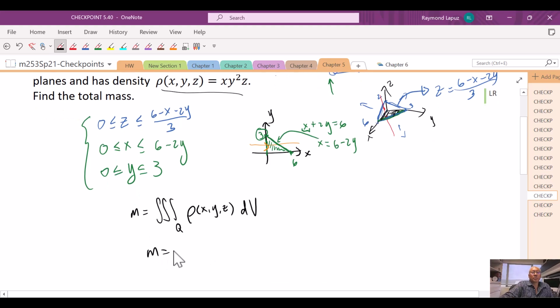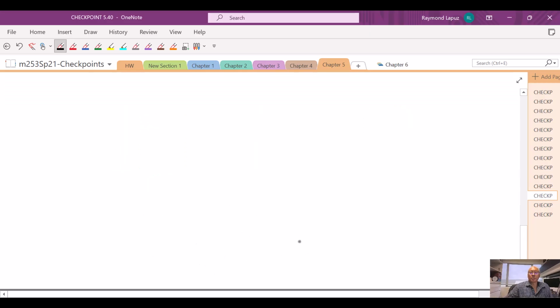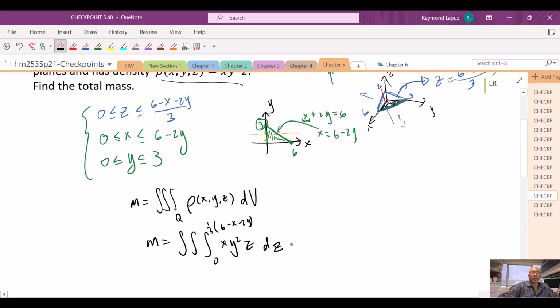So our mass is going to be the triple integral, and the density function is x y squared z, and our order of integration is dz, where z goes from 0 to this function, I'll call it 1/3 times parentheses 6 minus x minus 2y, and then I'll integrate with respect to x. Integrate with respect to x, and x is going to go from 0 to 6 minus 2y, and then finally integrate with respect to y from 0 to 3.